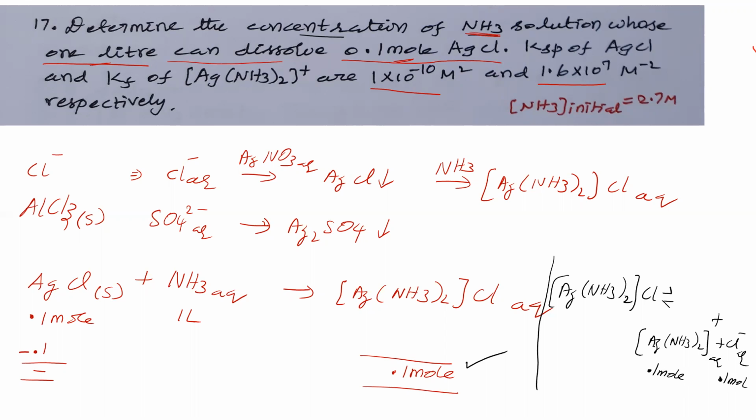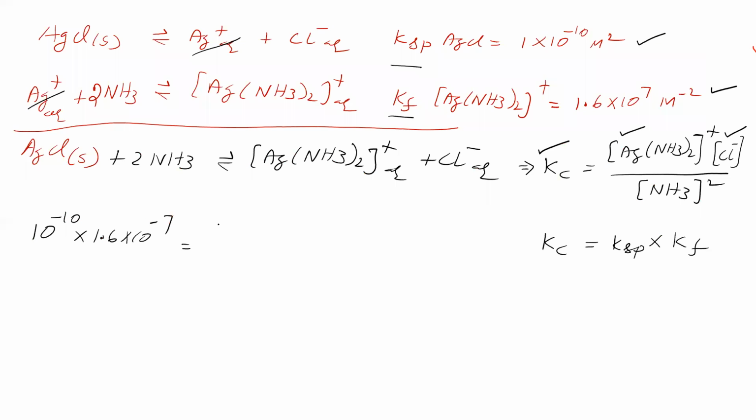Now the concentration of complex ion we want. We know the number of moles. The volume of solution, how much they said? 1 liter they said in the sum. So we know volume, we know number of moles, so we can find the concentration. So the concentration of complex ion is 0.1 molar, the concentration of Cl minus is 0.1 molar.